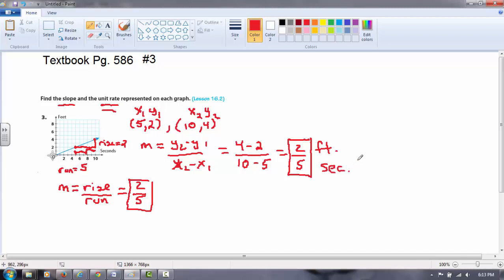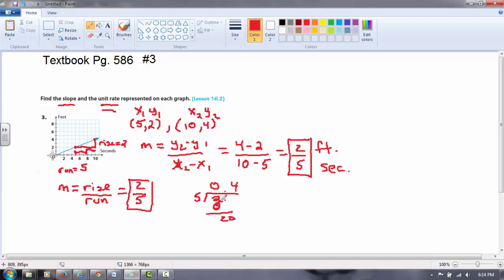Okay, but what we want to know is how much it will be per second, for every second. So to do that, we can just divide the two numbers. If you take 2 divided by 5 and you divide that carefully, let me show you that real quick. Oops, I get a 0 here.